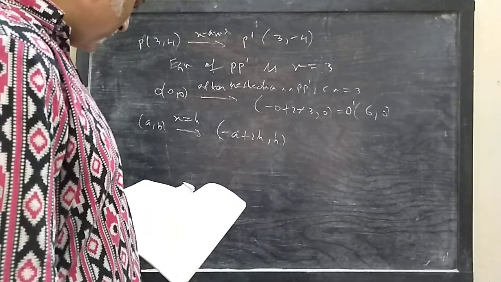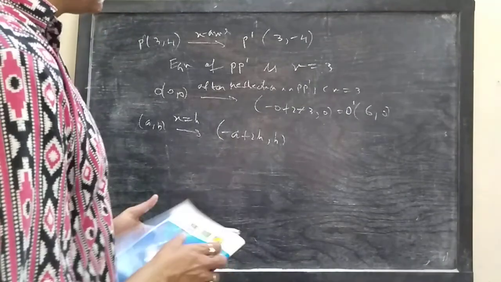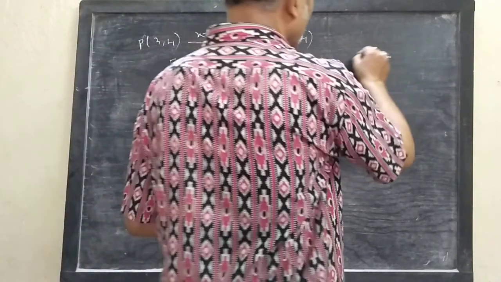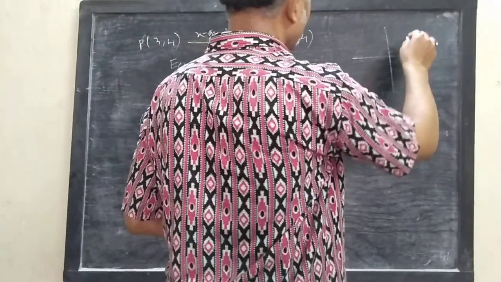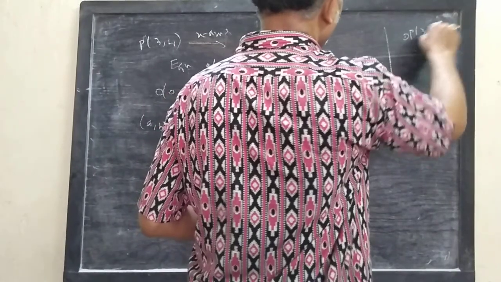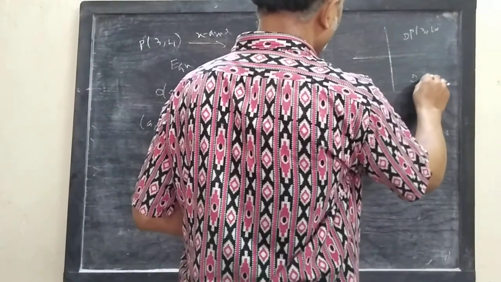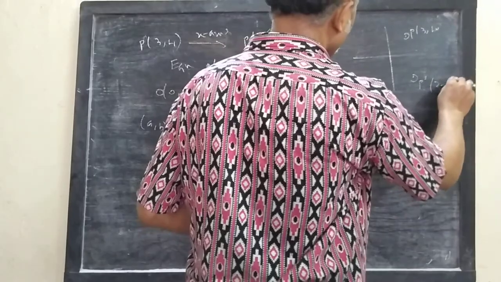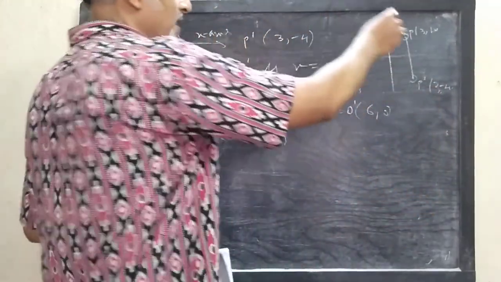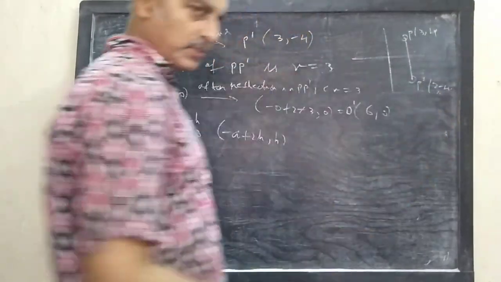Length of segments PP' and OO'. Now look, length of PP'. Just recall the diagram. Here P is (3, 4). This is reflected to P' at (3, -4). Obviously PP' will be 8 units. Upper length is 4 and lower length is 4.